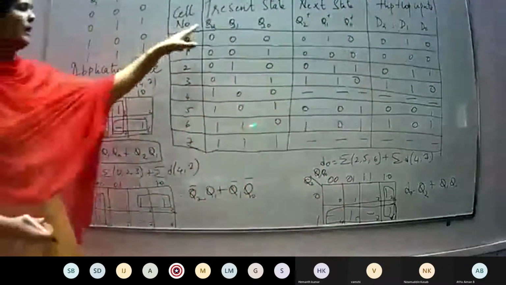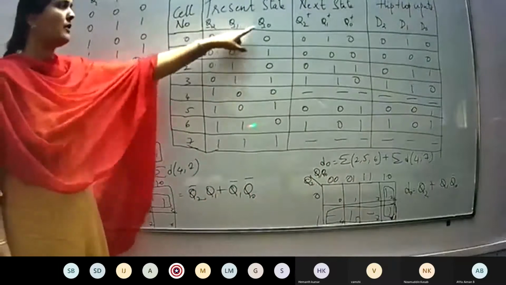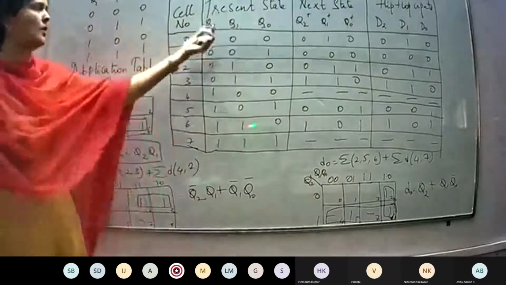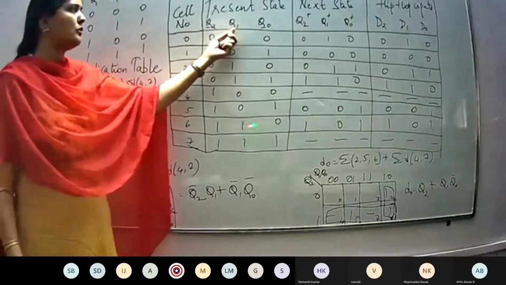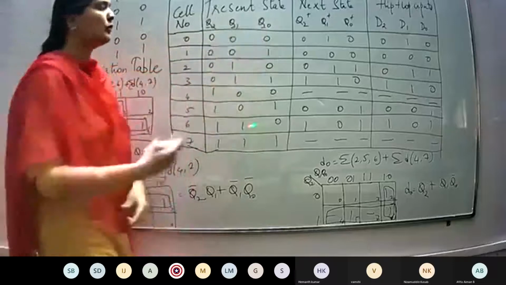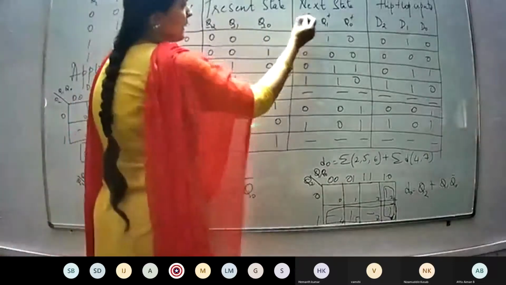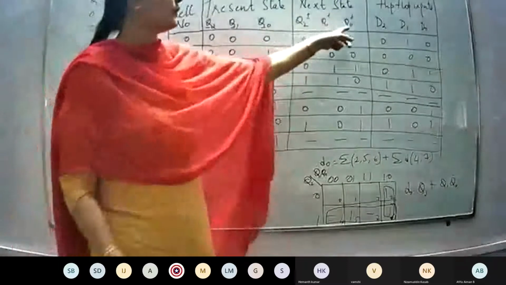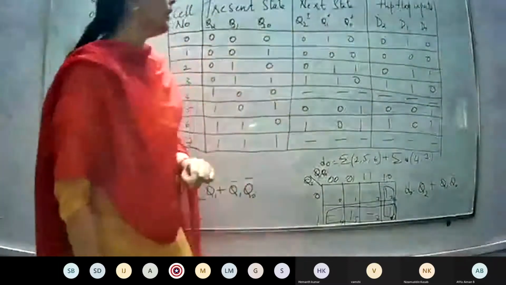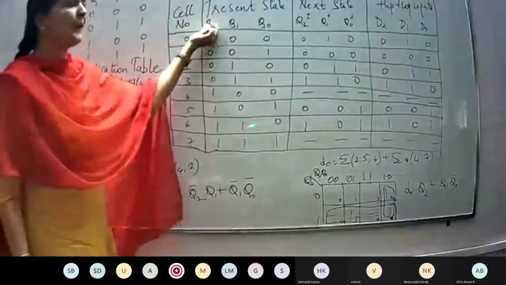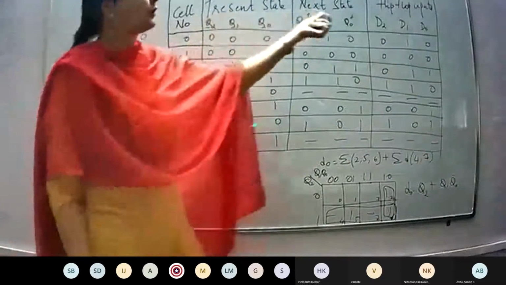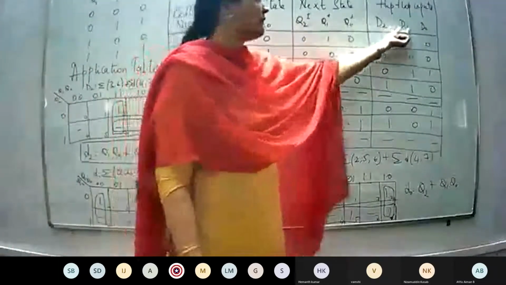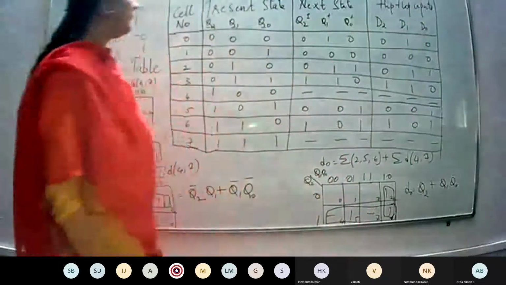So next state is always represented by plus. So this is Q2 plus, Q1 plus, Q0 plus. And for each bit you will be having a flip-flop, so that is D2, D1, D0.